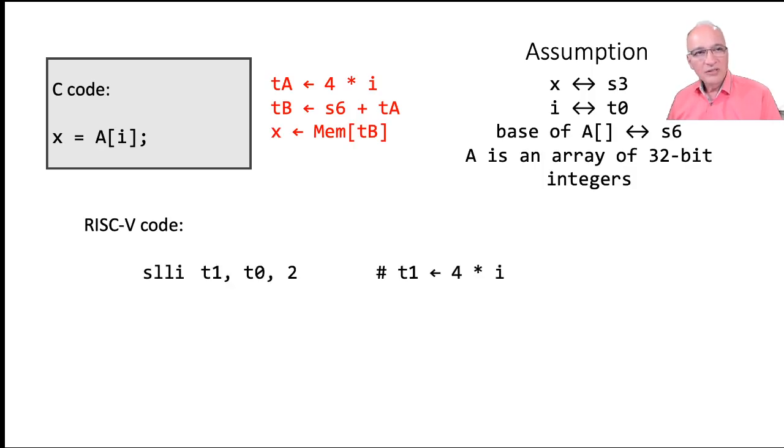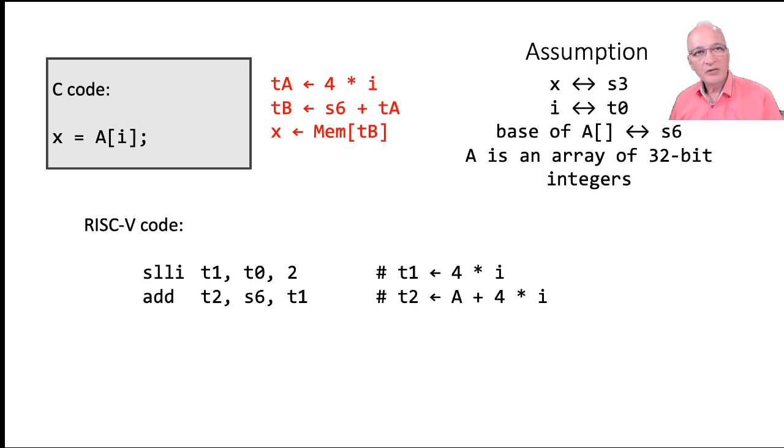So I was in T0, so to multiply I by 4, I'm going to use a shift left logical immediate, SLLI of 2, because shifting to the left by 2 is the equivalent of multiplying by 2 to the power of 2, which is 4. I use this for a multiplication by powers of 2 because the cost of a shift operation is much lower than the cost of a multiply operation.